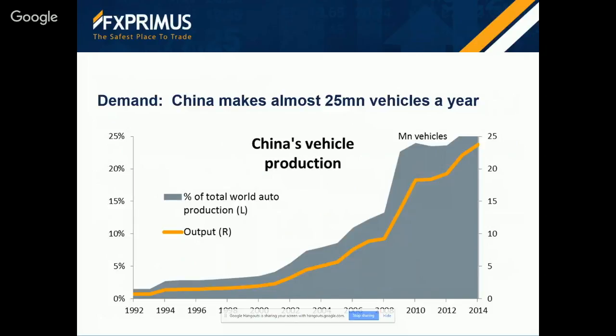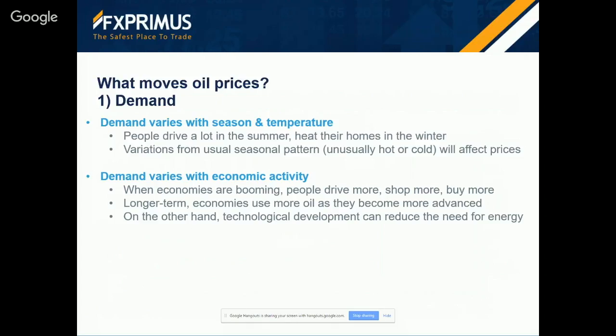That's an example of how the improvement in living standards and rise in general development increases demand for energy. On the other hand, it's a very interesting point, which is hard to quantify: technology is starting to make inroads into oil demand in the developed countries.